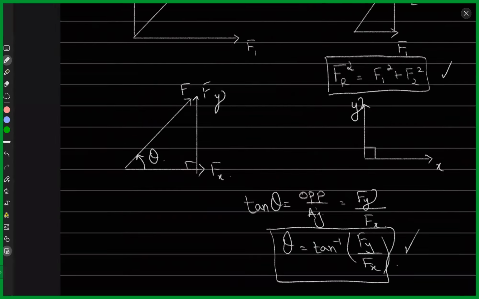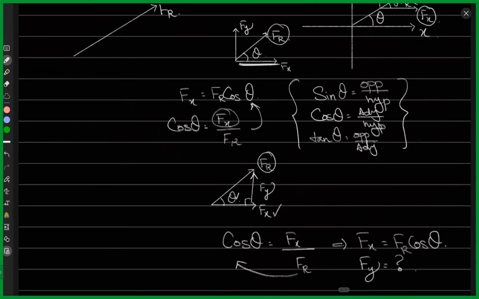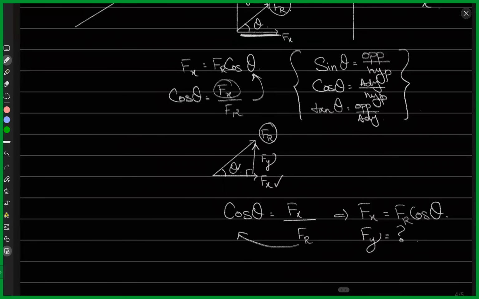So that's really where we ended during the last class, and we found that, from this thing, we are talking about these things, right? What would be fx explicitly in terms of fr? So that would be fr cos theta. As I asked, if anyone has any questions, no one had a question.